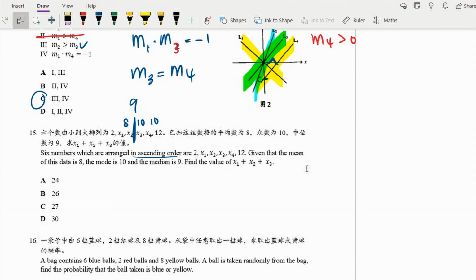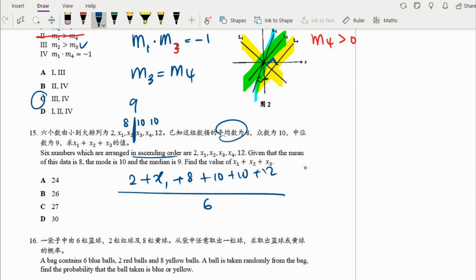And x1, do we know x1? No, we don't. But we have the mean, the 平均数, so we can solve this quickly. 2 plus x1 plus 8 plus 10 plus 10 plus 12, over 6 numbers, equals 8.